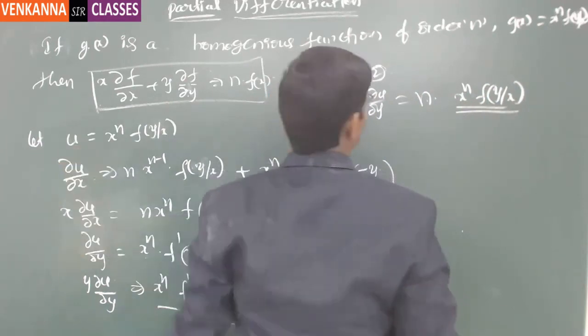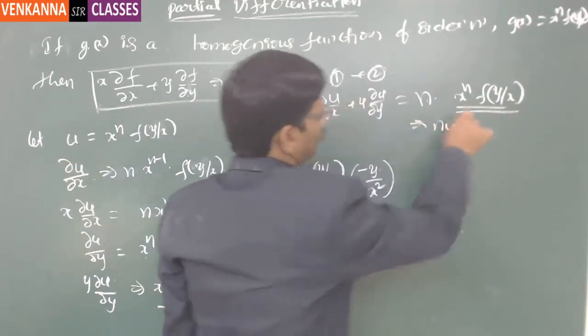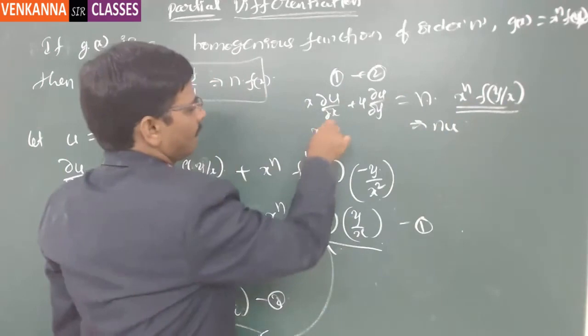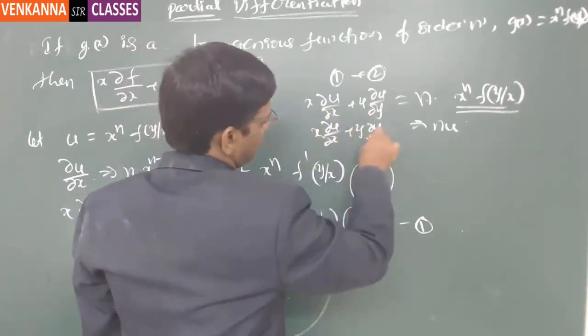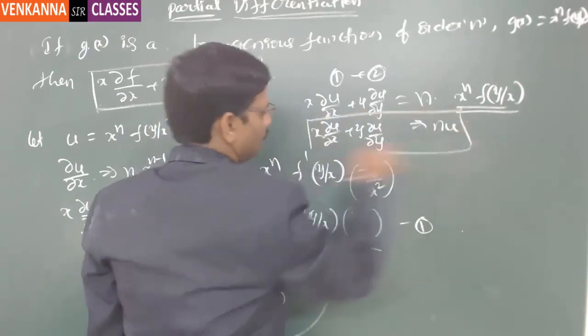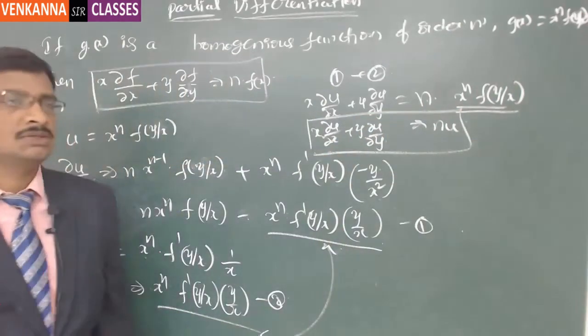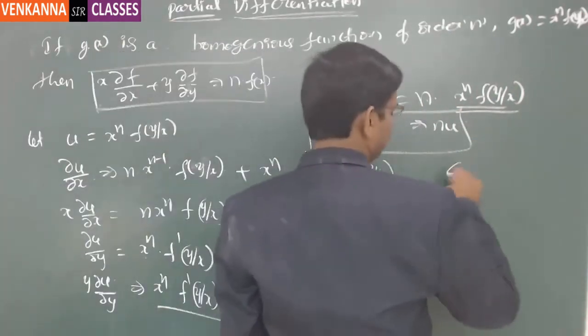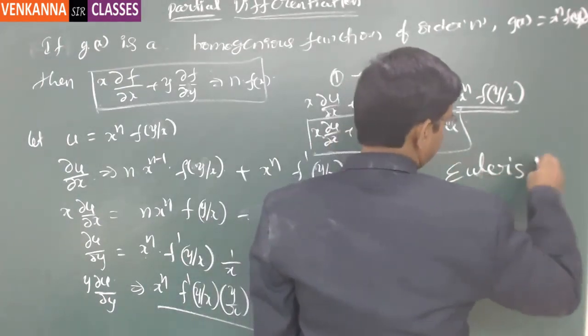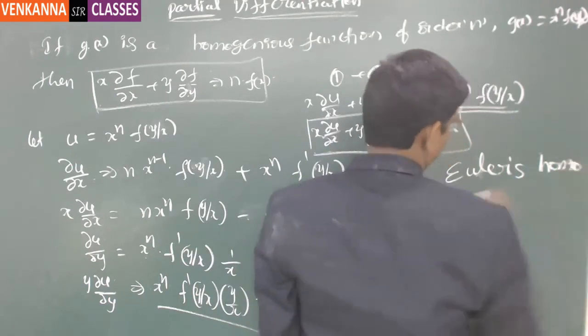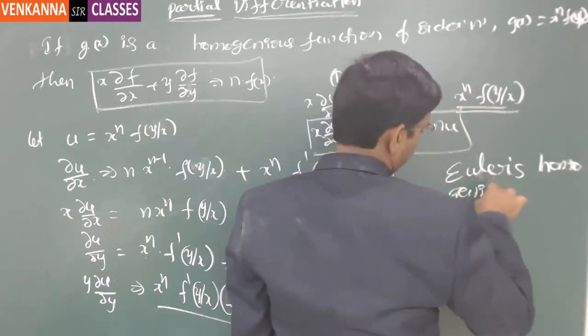Initially it was u, so this is nu. x ∂u/∂x plus y ∂u/∂y is equal to nu. So this is what we call Euler's equation for homogeneous equation.